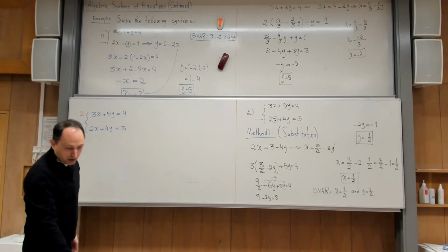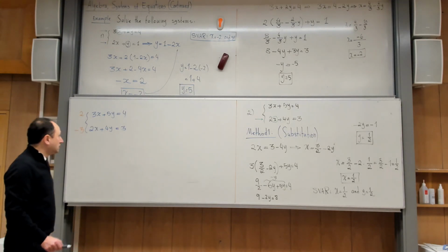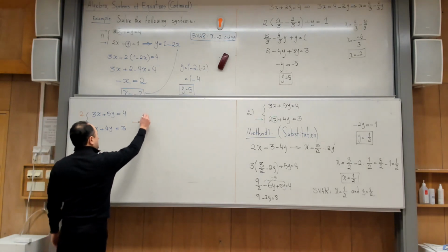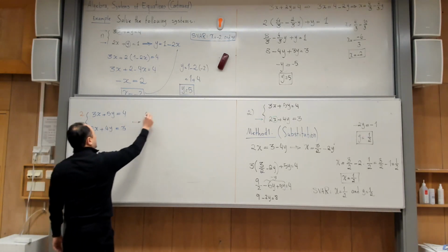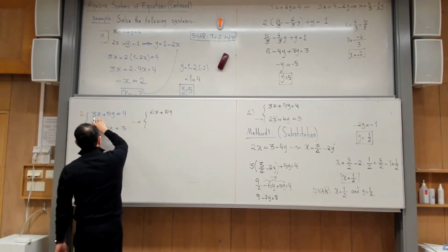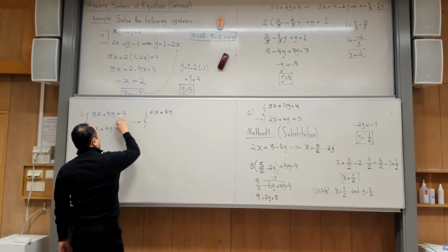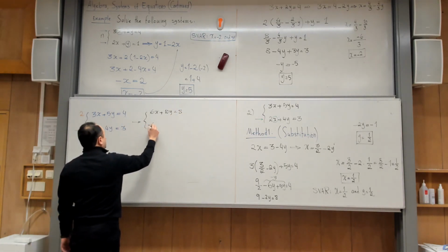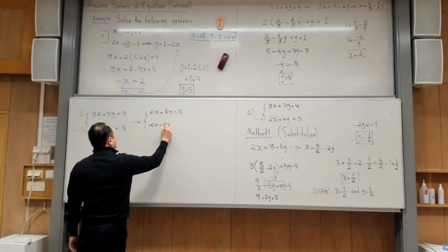If you know the strategy, then you can do whatever you like, but this is one good way. So I can multiply this here: 6x plus, don't forget to multiply everywhere, 10y equals 8. And then this becomes minus 6x, minus 12y, equals minus 9.